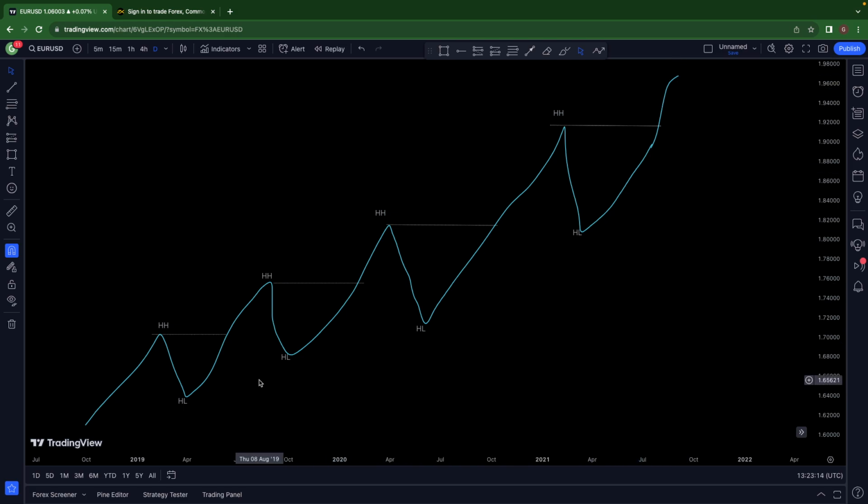So the uptrend structure moves in series of higher highs and higher lows, higher highs and higher lows. I'll explain why we call them higher highs and higher lows. If you look at this, this is a high in the market, this is a low in the market. This is a high in the market, this is a low in the market. High, low, high, low. As simple as that.